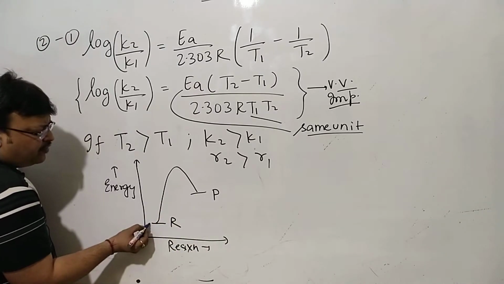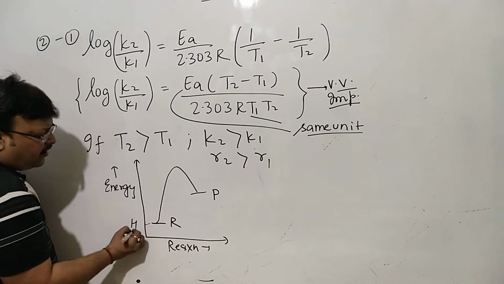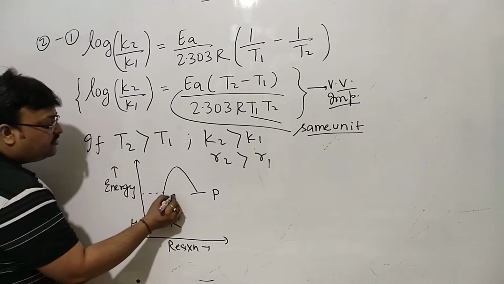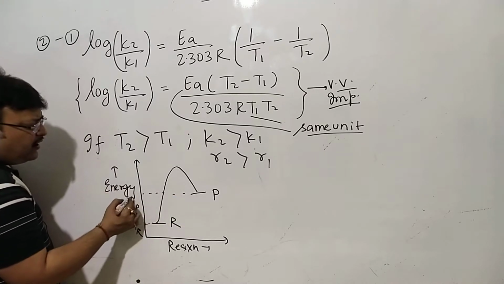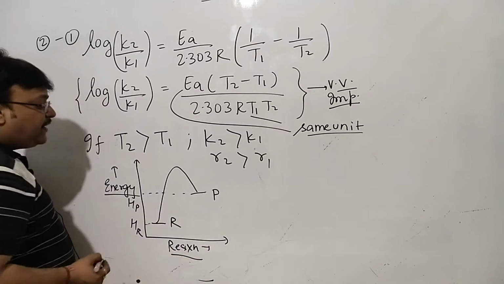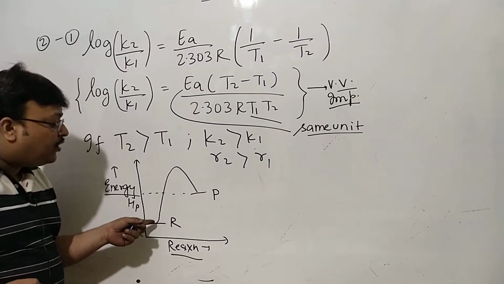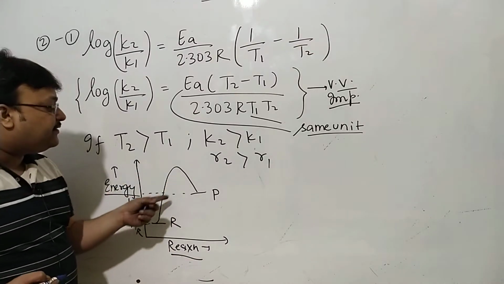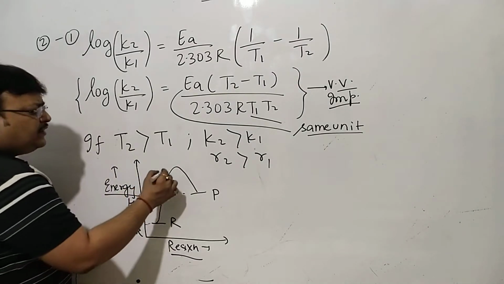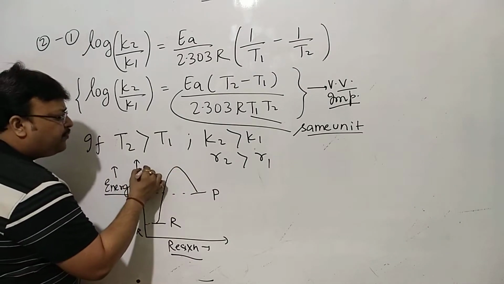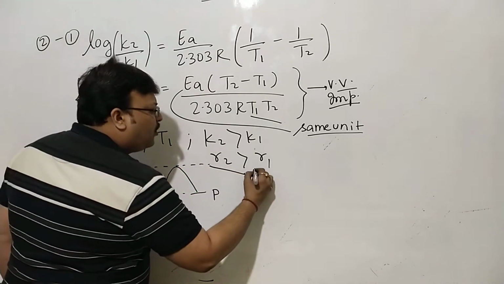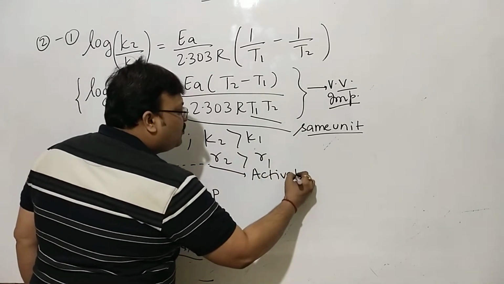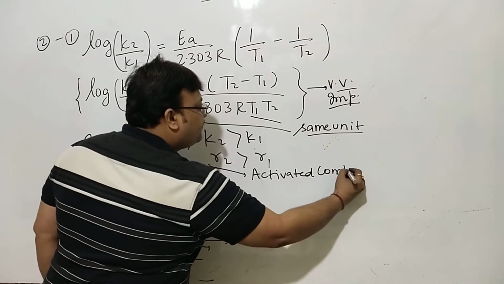In thermodynamics, you would be told this is HR, this is HP, which is the enthalpy of reactant and product. But when you plot energy versus the progress of reactions, which means you are plotting the energy content at various stages of the reaction, this topmost point is very popularly called the stage of activated complex.